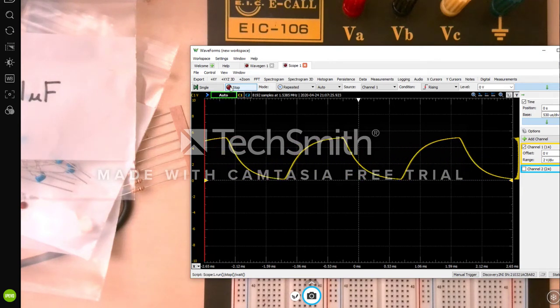All right. Now let's stop. As we can see, the capacitor charges up pretty quickly and then discharges.